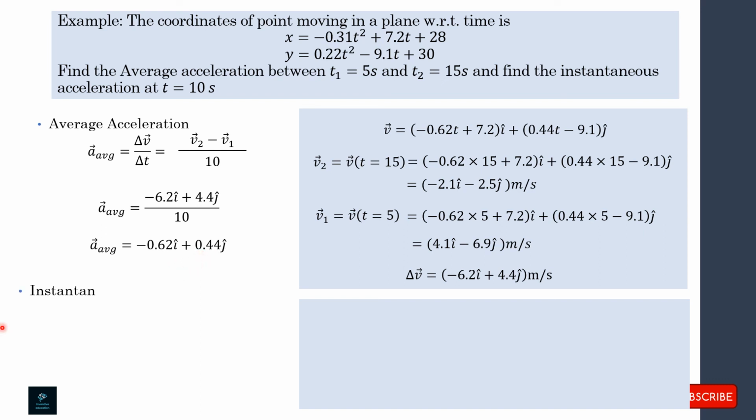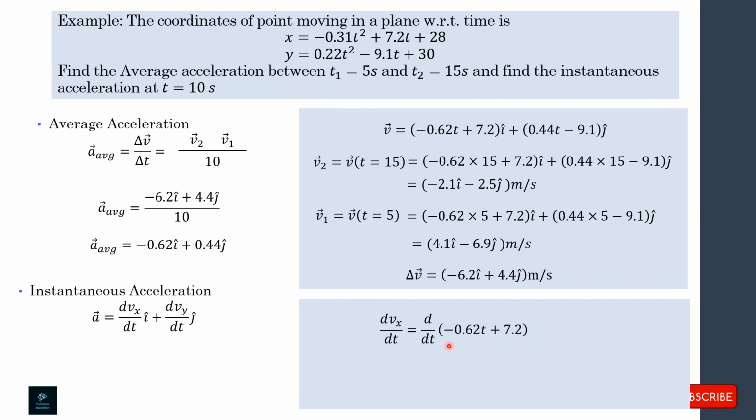Now we will determine instantaneous acceleration. We know that instantaneous acceleration is equal to dvx by dt i plus dvy by dt j, where vx and vy are x and y components of velocity. dvx by dt is equal to d by dt of minus 0.62 t plus 7.2.